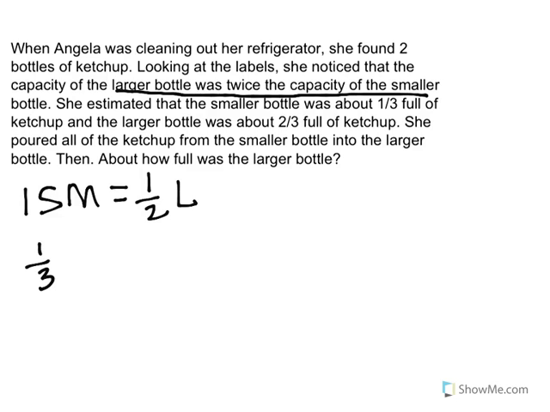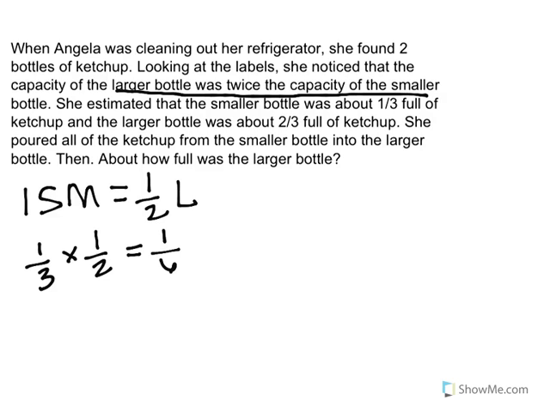If 1 small bottle is 1/2, then what is 1/3 of that 1/2? Well, we can multiply 1/3 by 1/2 to see how much that would be in the large bottle. Simple multiplication of fractions. 1 times 1 is 1. 3 times 2 is 6. So we know that 1/3 in the small bottle is going to equal 1/6 in the large bottle.